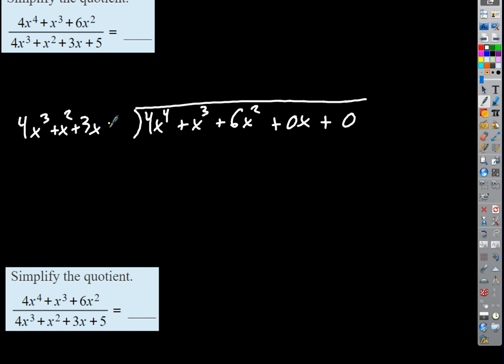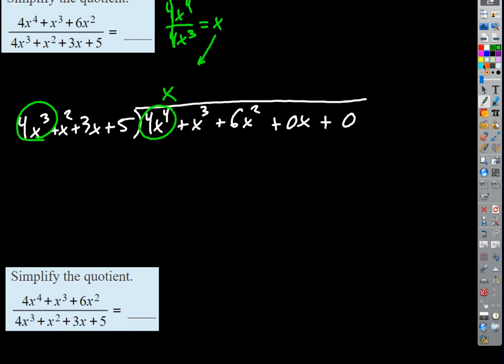Okay, and now we just have to figure out how many times 4x to the fourth divided by 4x cubed? Well, the 4's cancel. x to the fourth over x cubed is what? So x is the first term.